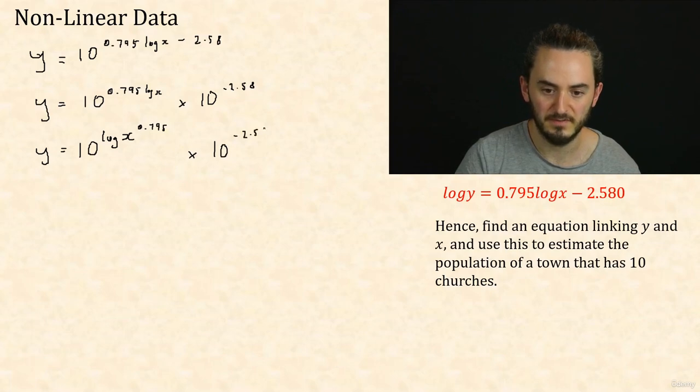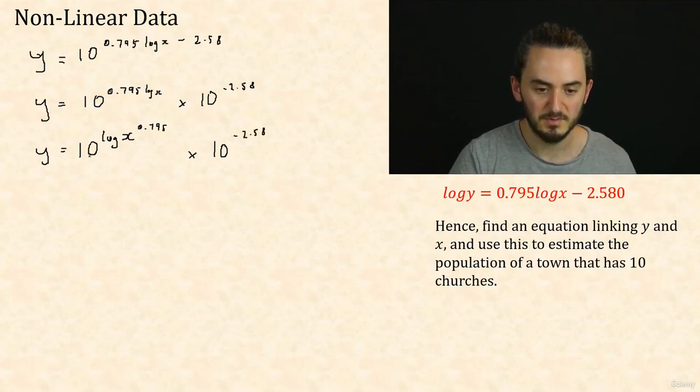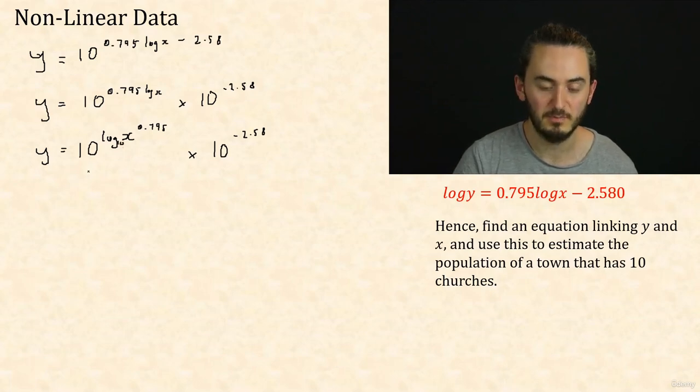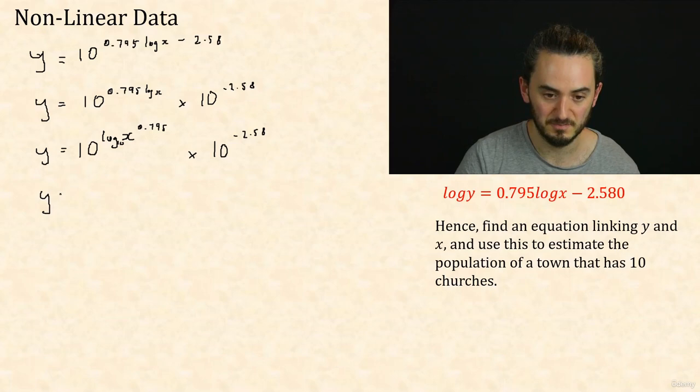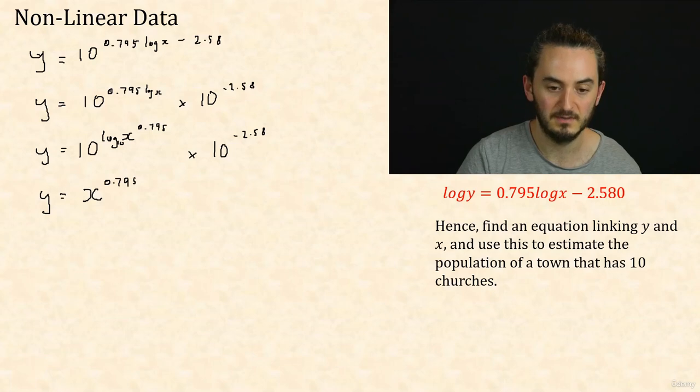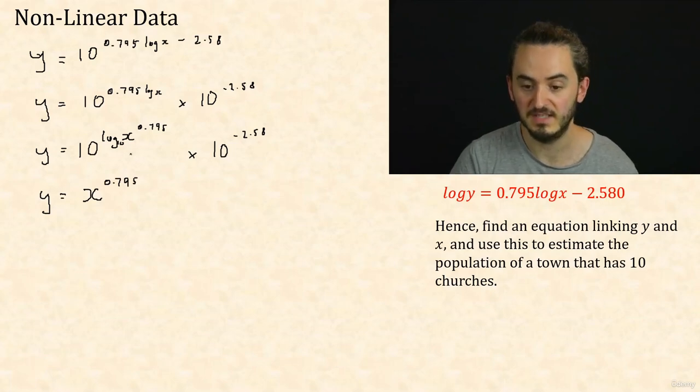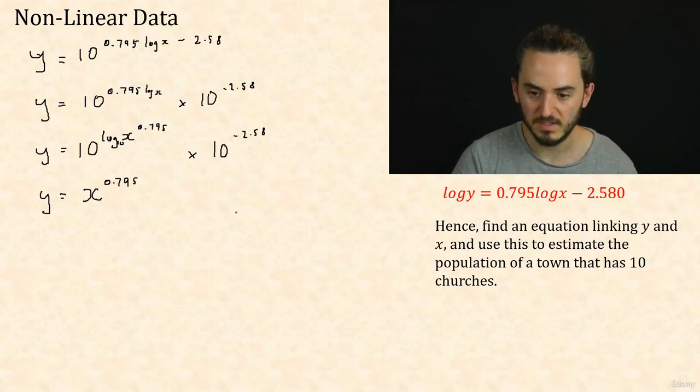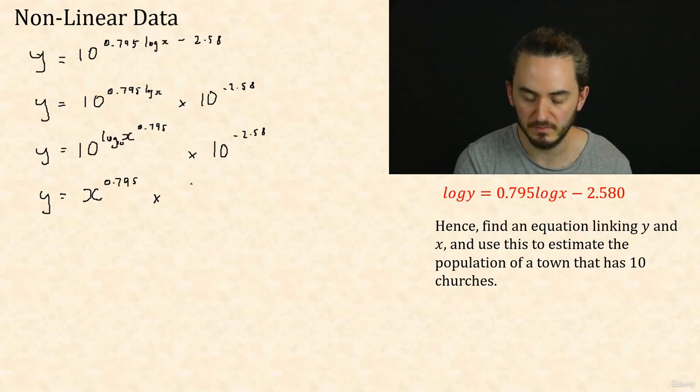Now, 10 to the power of log base 10 of stuff, the 10 to the power of and the log base 10 just cancel. And what we have left is just x to the 0.795 from all of this mess. Okay, what is left? Well, we've got this here, but let's just work out what 10 to the minus 2.58 is.